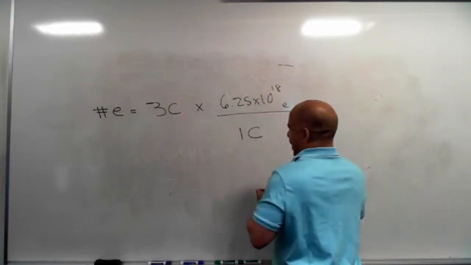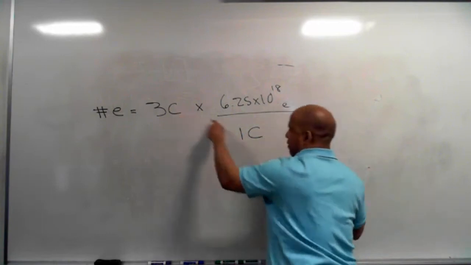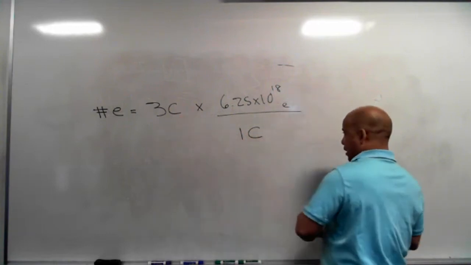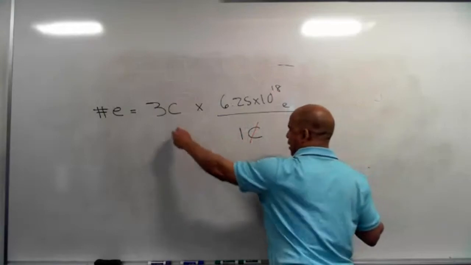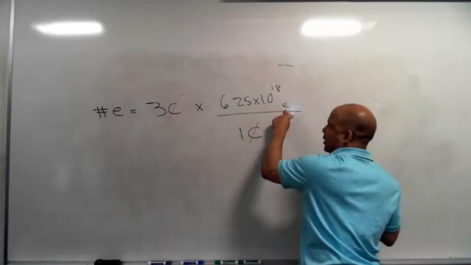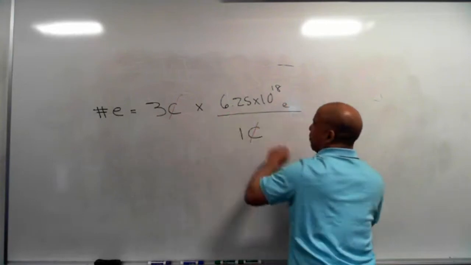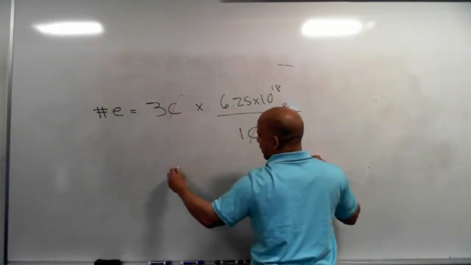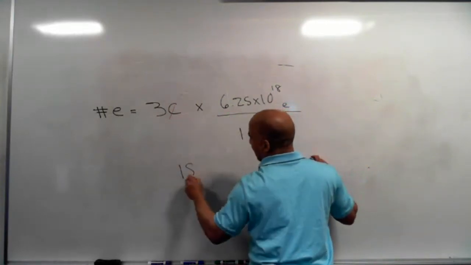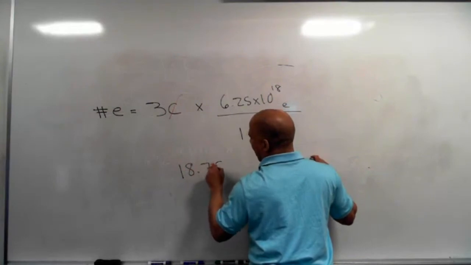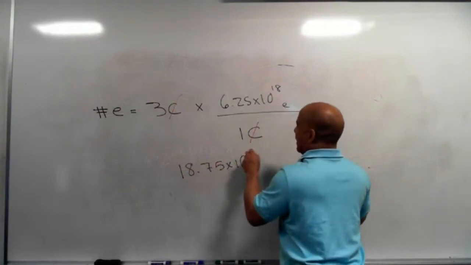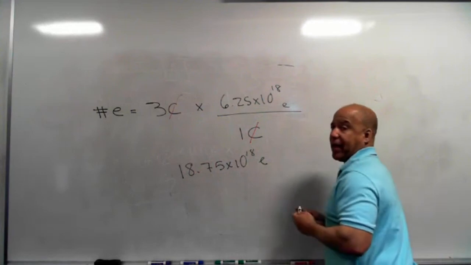If I do it that way, so that whatever unit is here is on the bottom of my conversion factor, just like before, this will cancel out, and I'm left with electrons, which is what I want. So if I take 3 times 6.25, I end up with 18.75 times 10 to the 18th electrons, and that would be my answer.